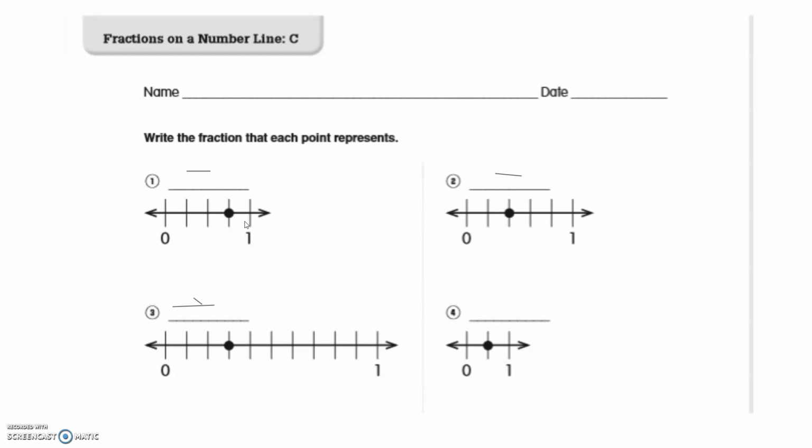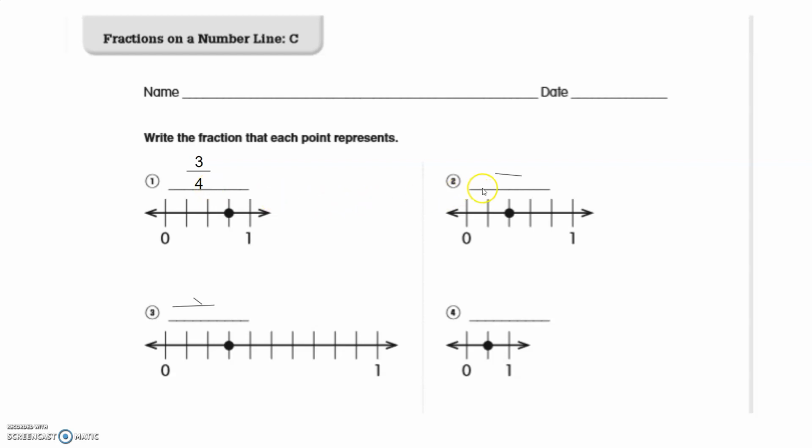There's 4 equal spaces on this number line between 0 and 1. So we write 4 under this line. Then the top number is going to be the amount of spaces to this dot. So we have 1, 2, 3. So the top number will be 3. And this fraction is 3/4.